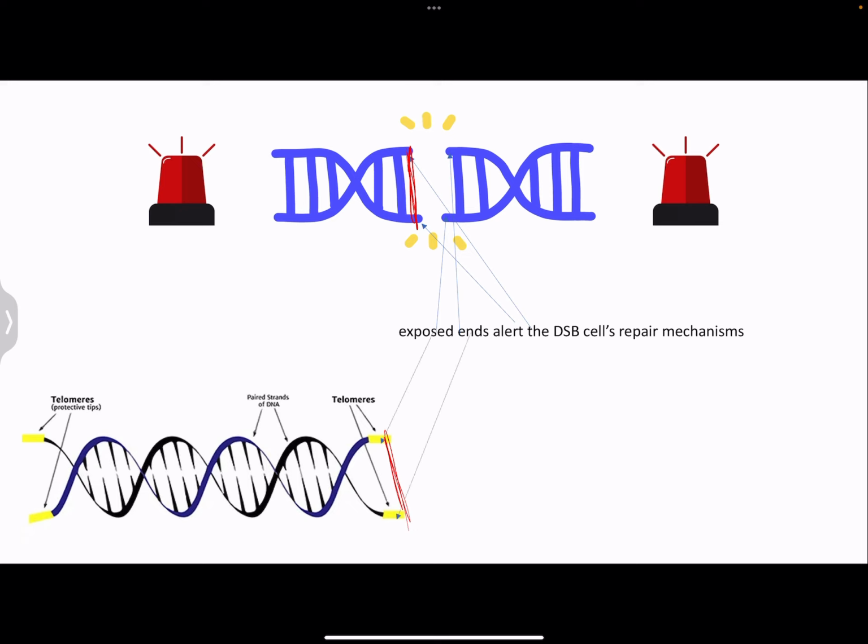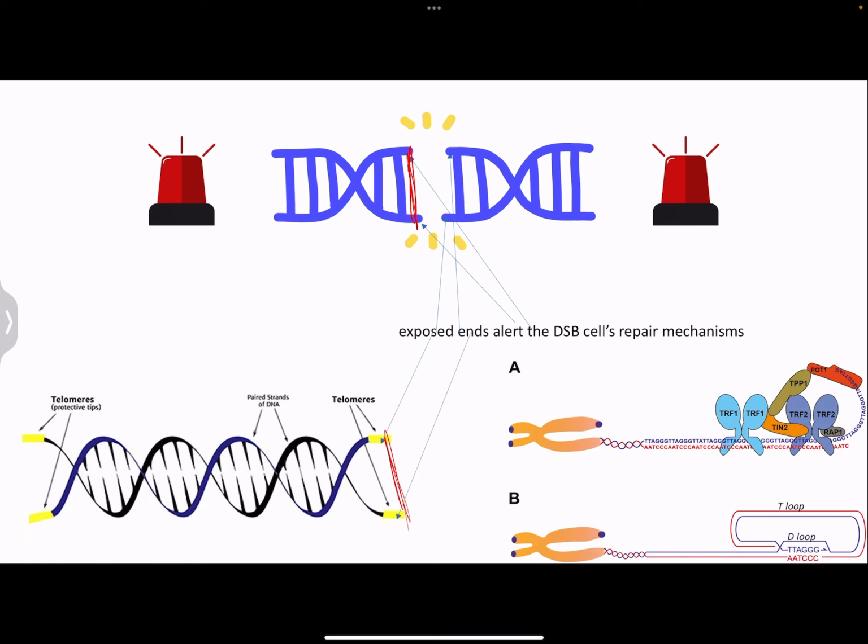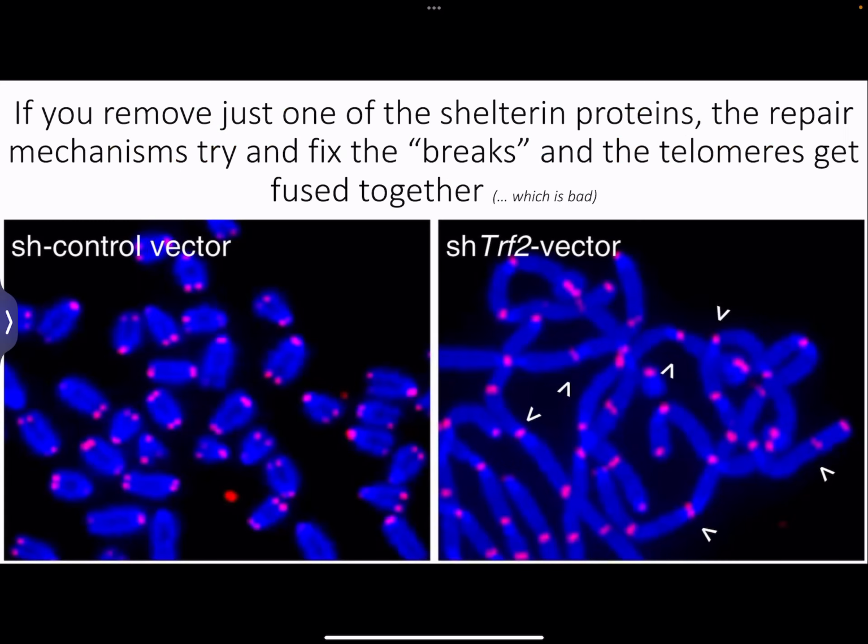So the same way a cell would try to repair a double-strand break by stitching it together with something, it's trying to stitch telomeres together as well. We don't want that. We don't want them to be stitched together, because of course they're not broken. They're just the end. So again, a cell cannot tell the difference between a double-strand break and the end of a telomere, because if you think about it, they kind of look like the same thing. So the solution is let's wrap them up and let's put all these proteins on them.